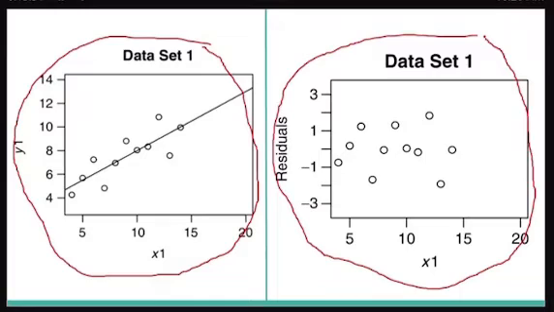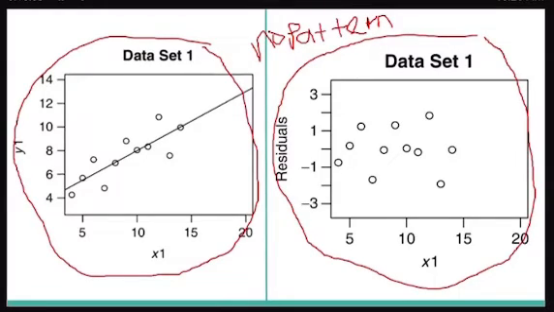Now, when a scatter plot shows a straight line, the corresponding residual plot should be without pattern. I'm going to say that again. This is what I mean. No pattern. Now, when residuals show no pattern, you know what I mean?